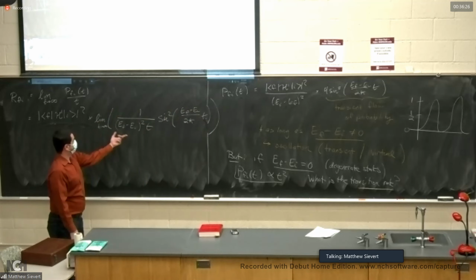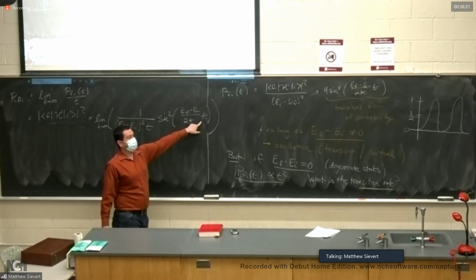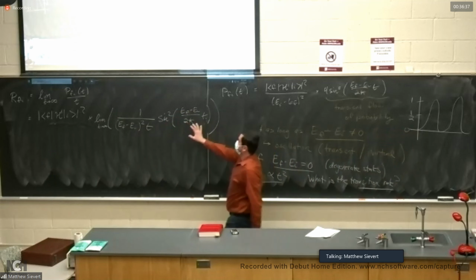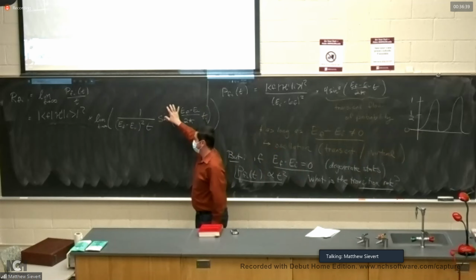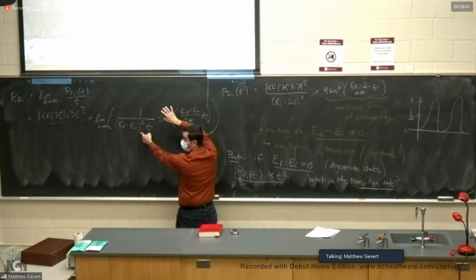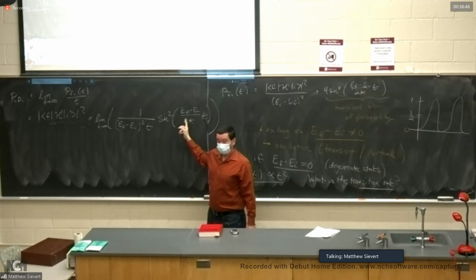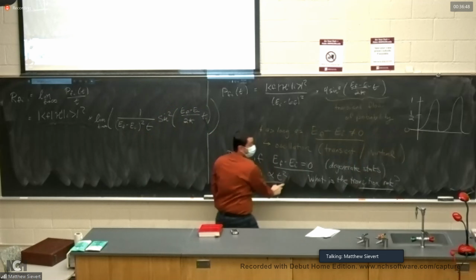So if you stare at this function for a second, you realize, okay, if the argument is not 0, then I have this oscillating situation. Then this thing stays constant on average, and when t goes to infinity, it goes to 0. On the other hand, if the energy difference is 0, then this thing grows like t squared.